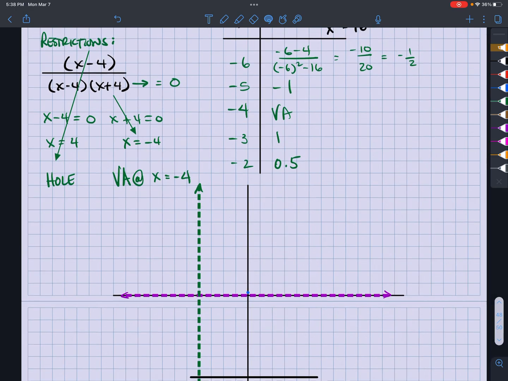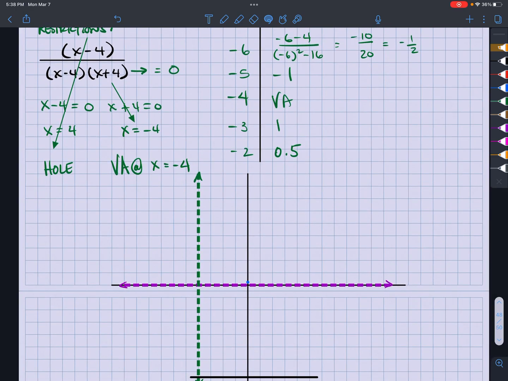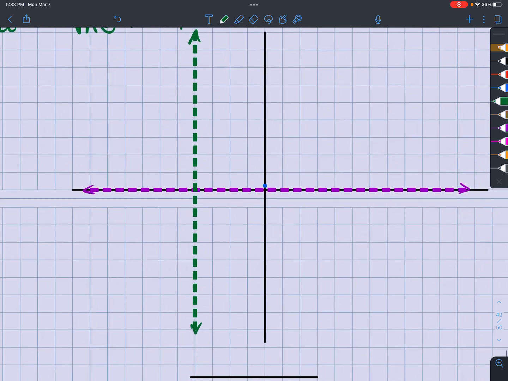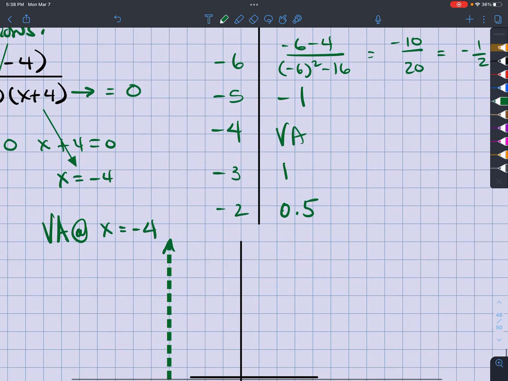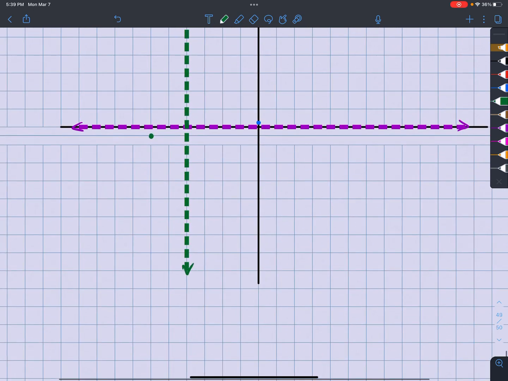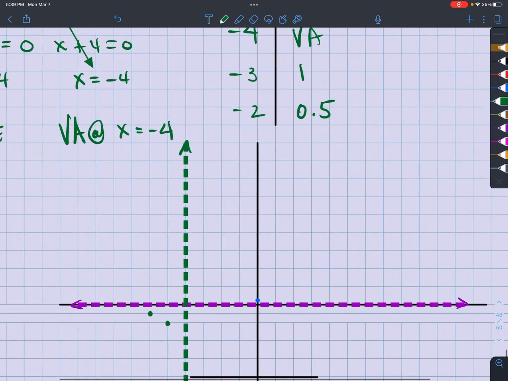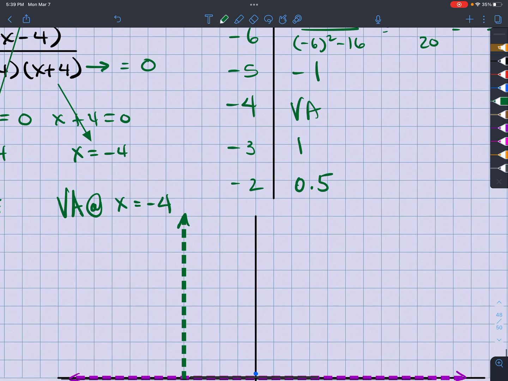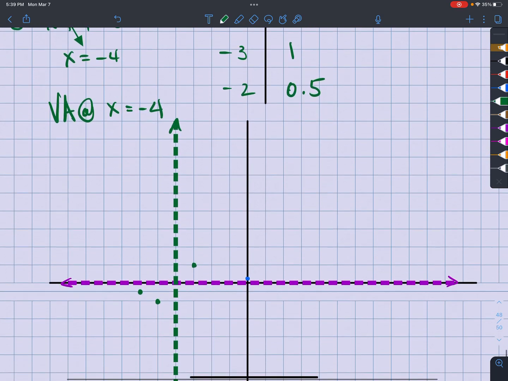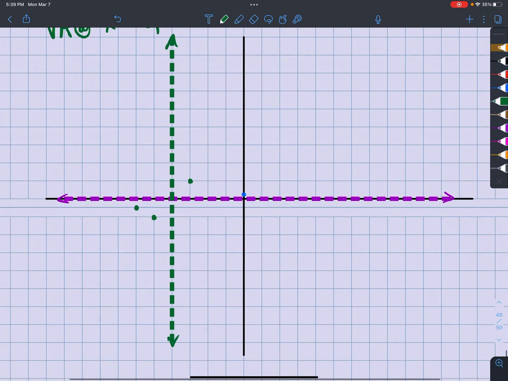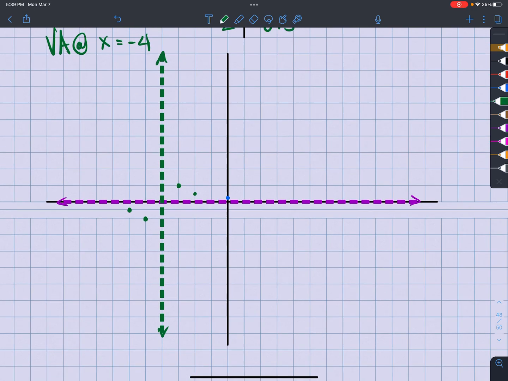So let's go ahead and plot this. At negative 6, we have negative 1/2. At negative 5, we have negative 1. And then on the other side, at negative 3, we have positive 1, and at negative 2, we have positive 1/2.